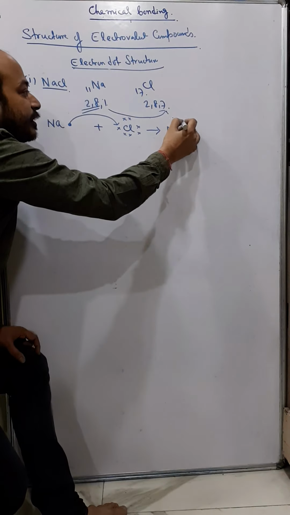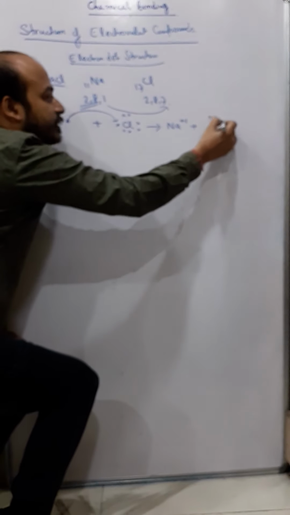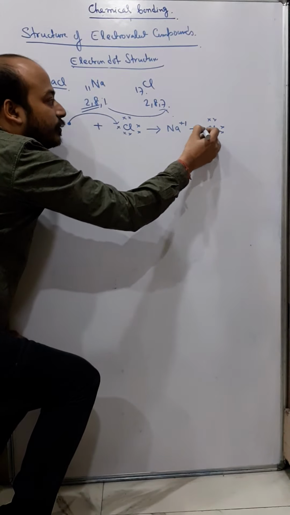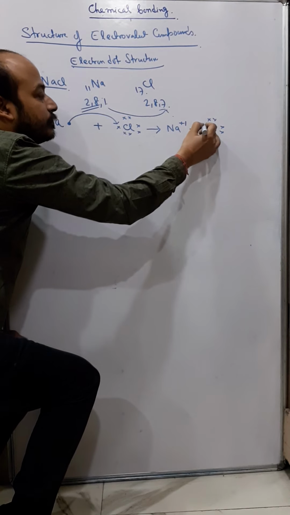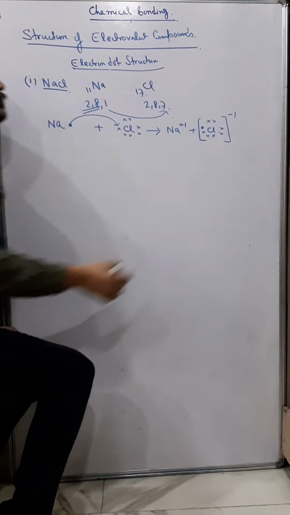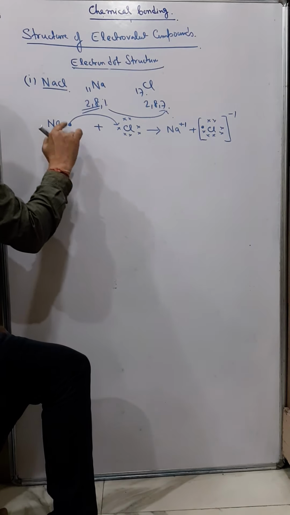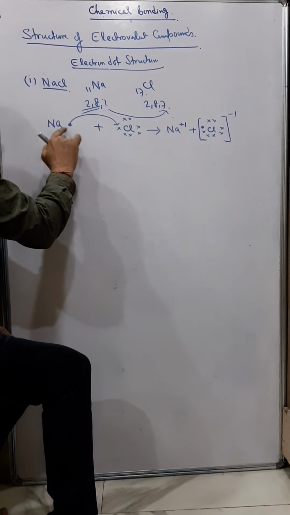Now since sodium loses 1 electron, it becomes +1, and chlorine gains 1 electron of sodium, so it becomes -1.